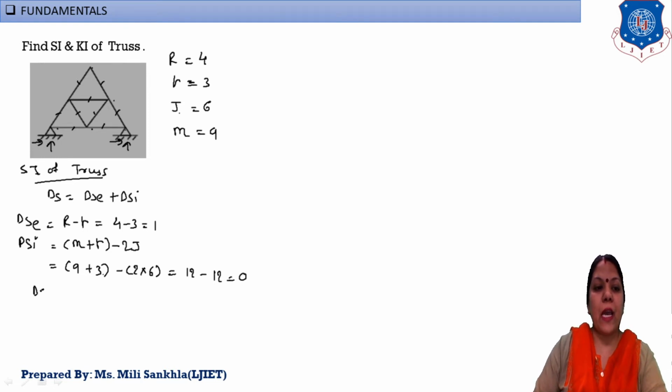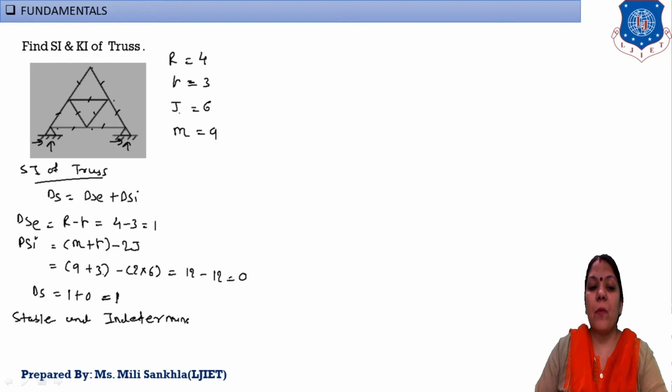Now DS is equal to DSE 1 plus DSI 0, so my answer is equal to 1. Here the answer is positive. What is the statement? The given truss is stable and indeterminate to the first degree.